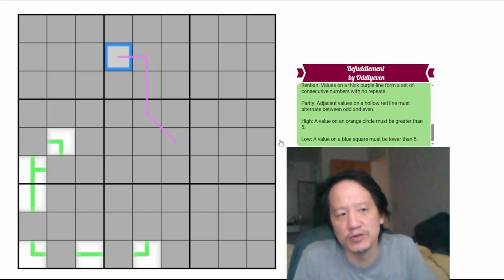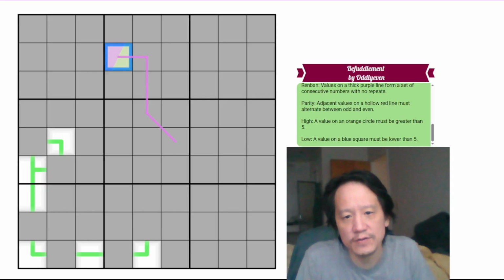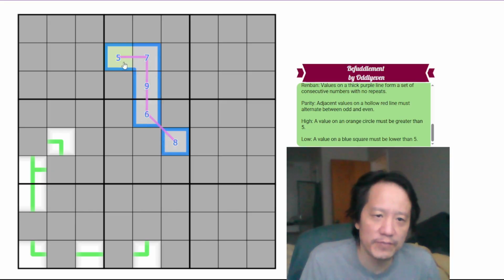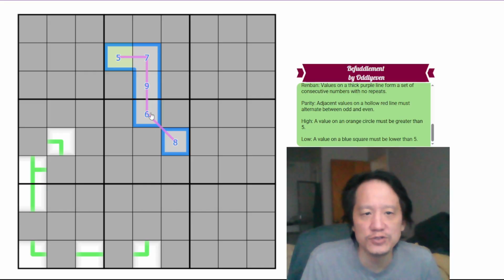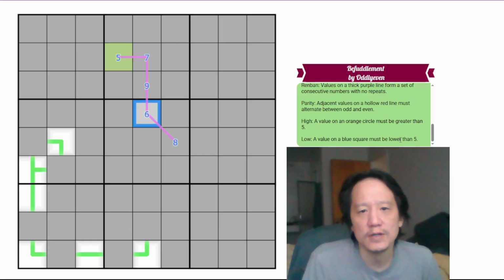You could have something like double 5, 7, 9, 6, and 8. And this would be a valid Renban because you have the values 10, 9, 8, 7, 6, and that's consecutive. That forms a set of consecutive numbers with no repeats. That's an example of how Renban works.